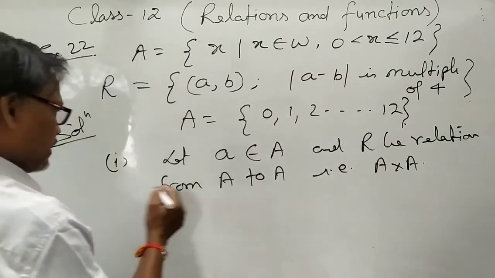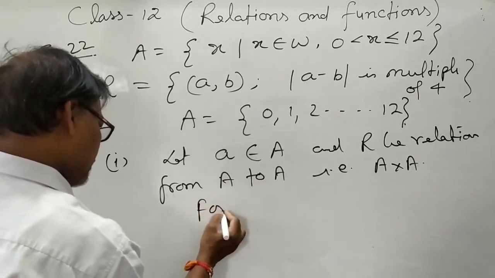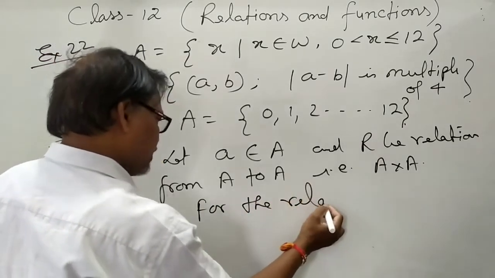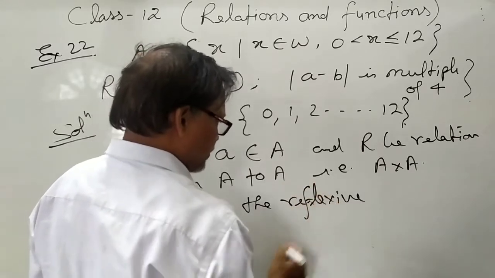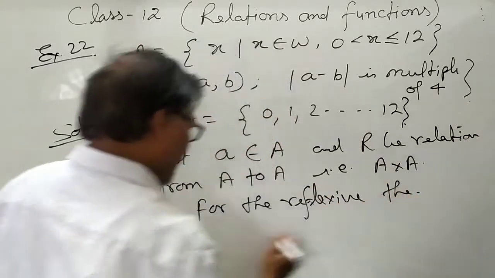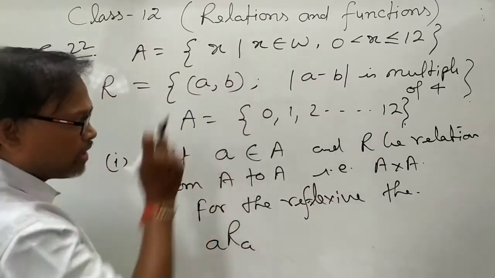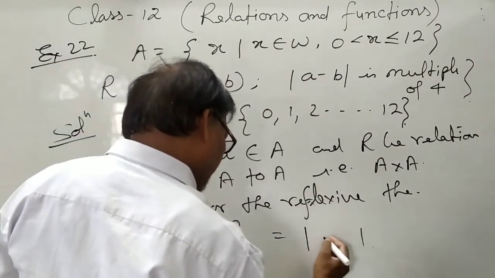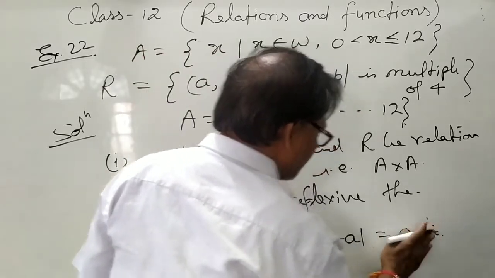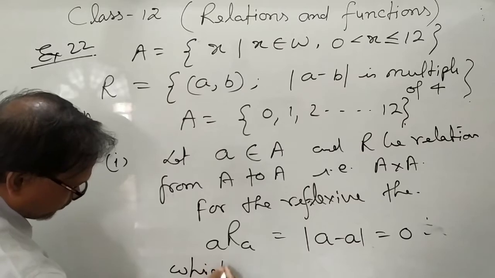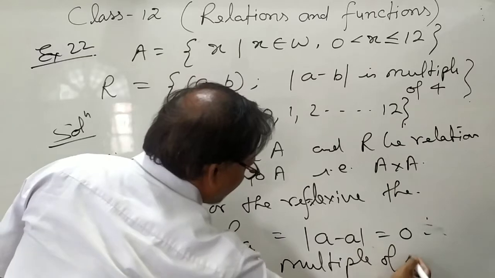So in this case, the relation R for the reflexive, ARA must be a multiple of 4. That is equal to |A minus A|, and this is equal to 0, and 0 is a multiple of 4.